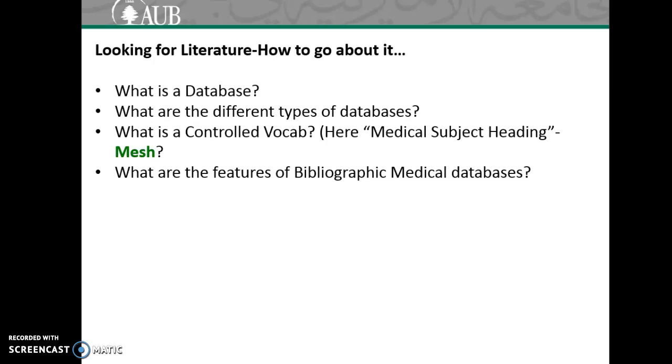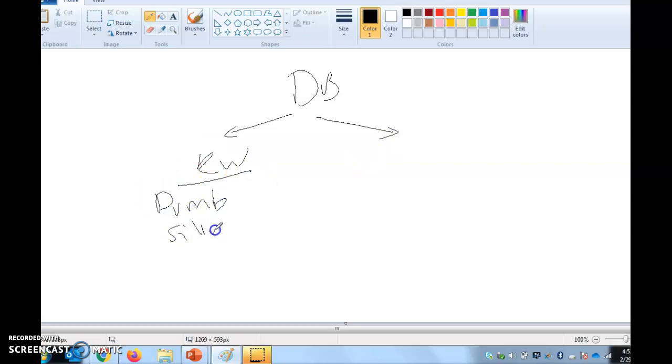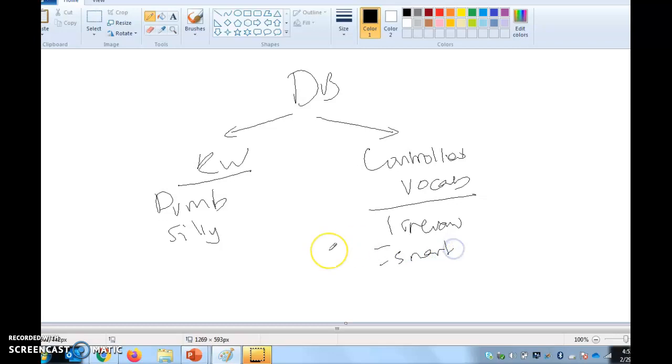There are two different types of databases. The keyword databases, which is the dumb, silly way of searching, and the controlled vocab database, which we are going to study and tackle in the coming videos, which is the relevant, smart way of looking into information.